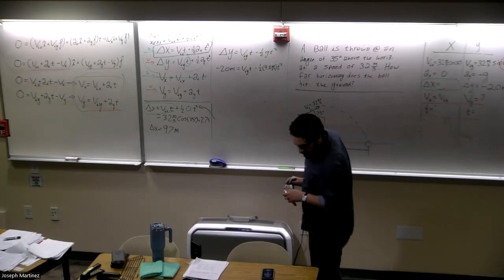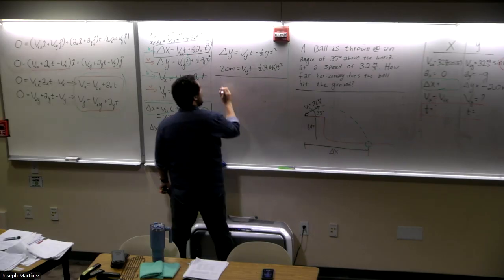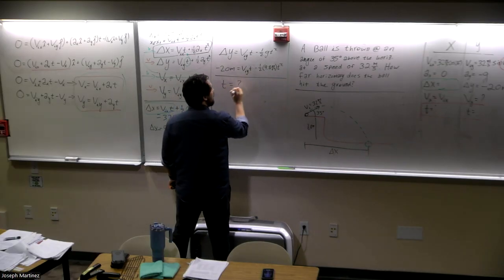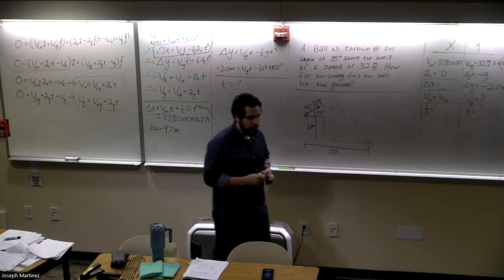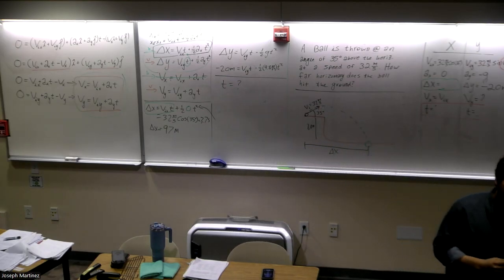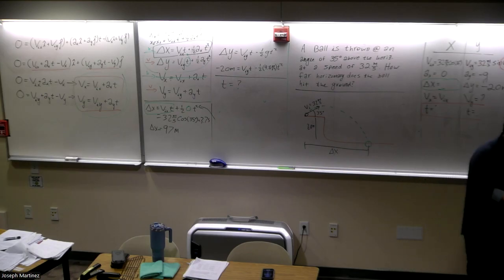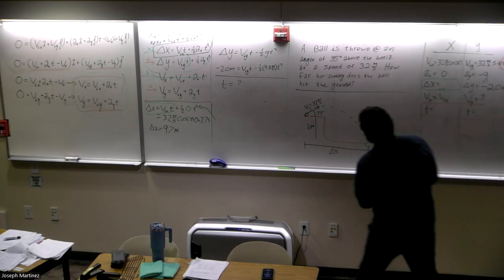What I want you to do in these last 5-ish minutes is solve this quadratic equation for time. Remember, was it x equals negative b plus or minus... Oh my god, I can't remember the quadratic equation.